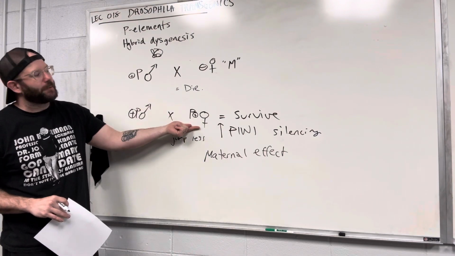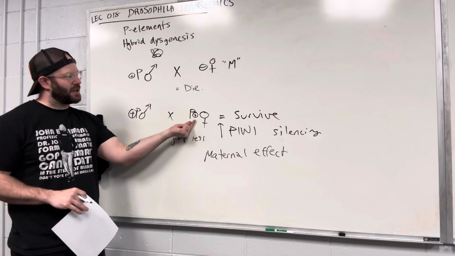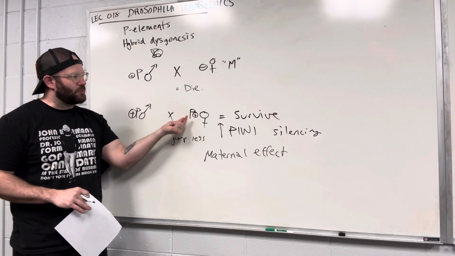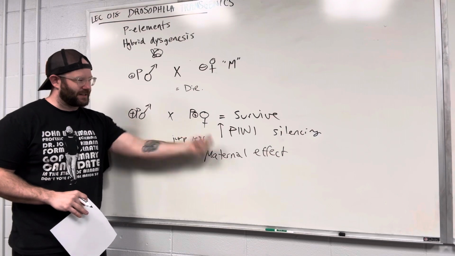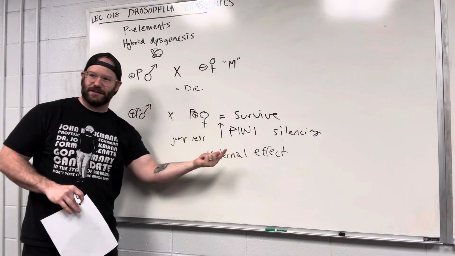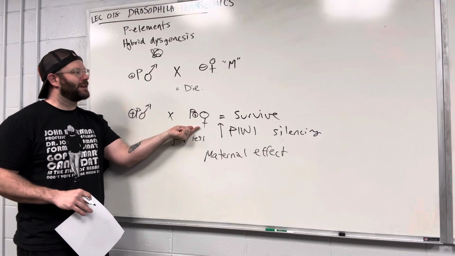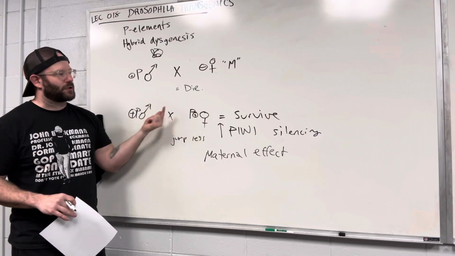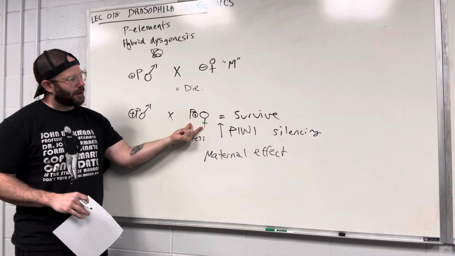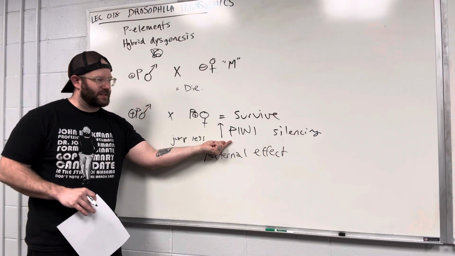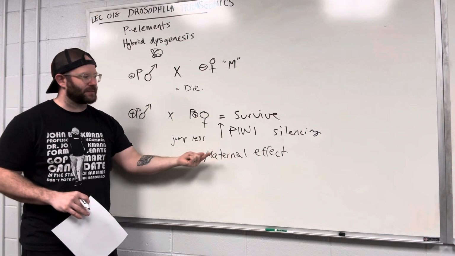But this female, if she has P elements, she would die unless she is constantly expressing this silencing system. So it's like she has evolved a resistance mechanism against the P element. And so any future offspring from her are inheriting this PIWI silencing system being expressed as a maternal effect gene.